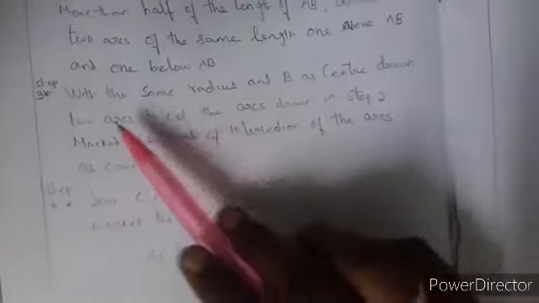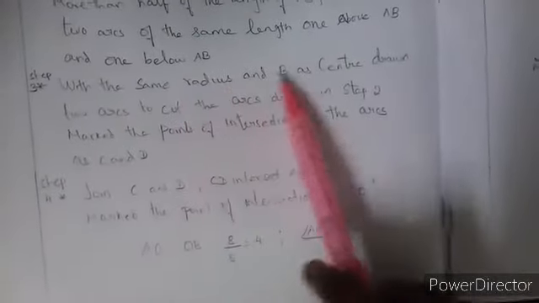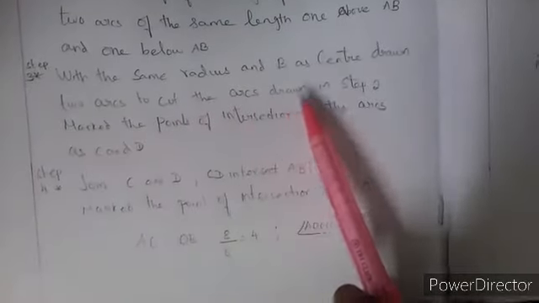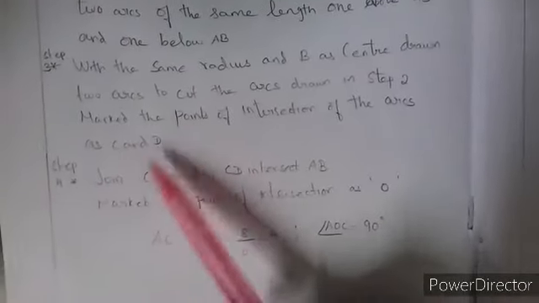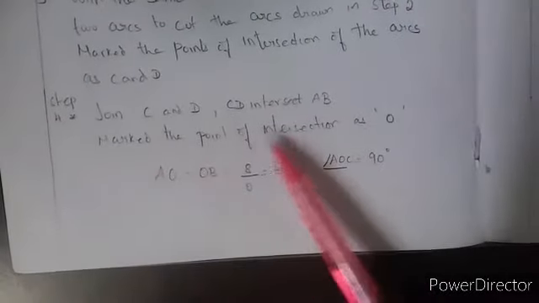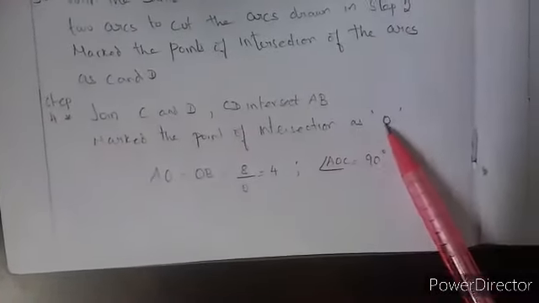Step 3. With the same radius and B as center, draw two arcs to cut the arcs drawn in step 2. Mark the points of intersection of the arcs as C and D. Next, step 4, join C and D. Now CD intersects AB. Mark the point of intersection as O.